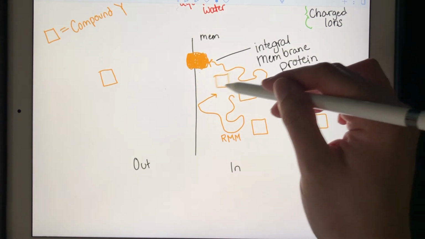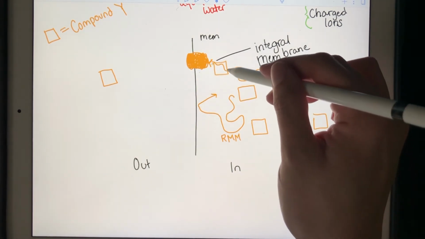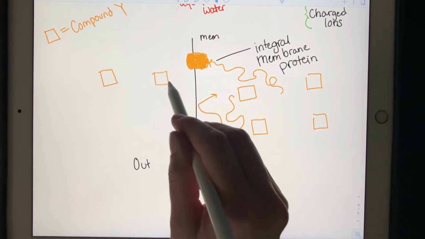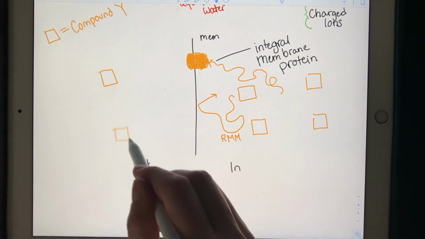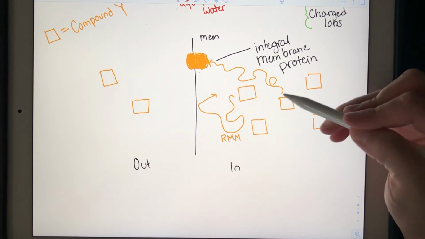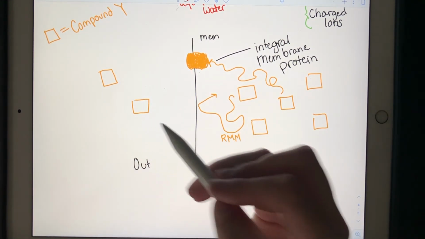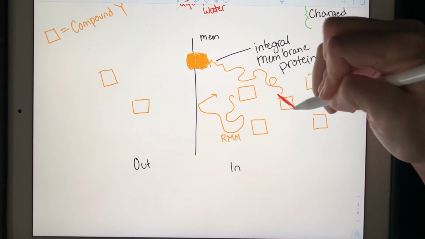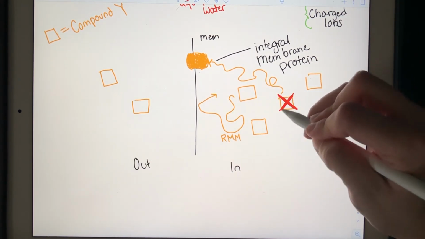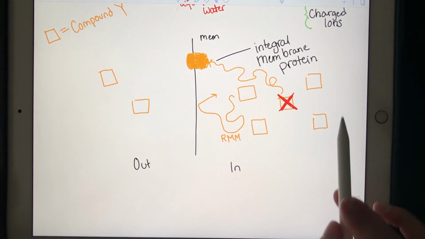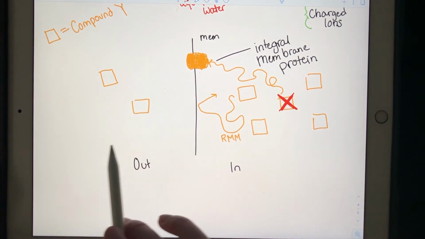He may hit the membrane a couple times and bounce off, but he hits the membrane protein and he's able to pass through to the other side, where he's going to randomly molecularly move. And so now, because this square I'm representing over here is no longer over here, now I have 4 on one side and 2 on the other.